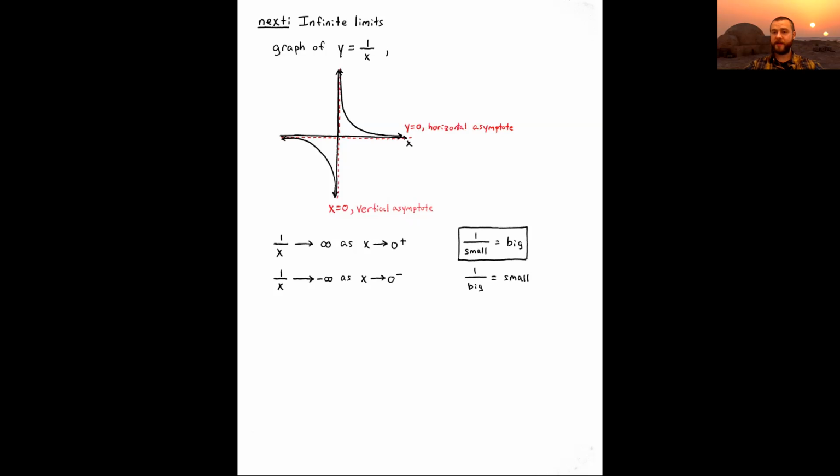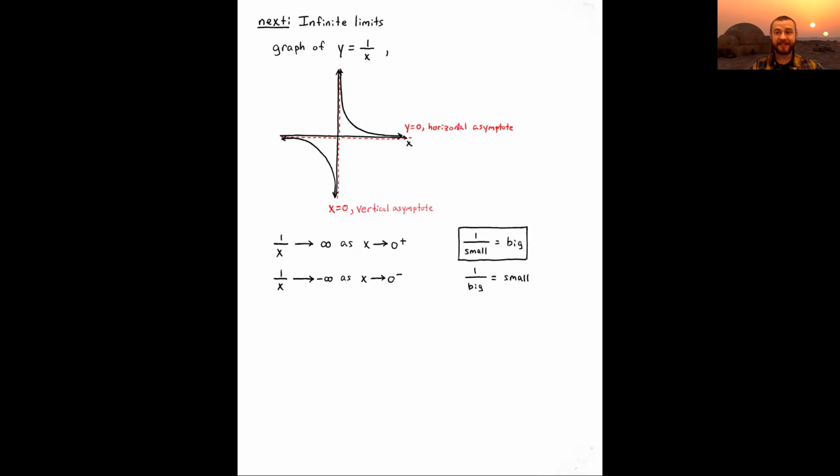All right, now, before we advance and get to the definition of infinite limits, think back to when we defined limits in part 1. We said a function has a limit if all function values approach a real number. Well, notice what the function 1 over x is approaching here, infinity or negative infinity.